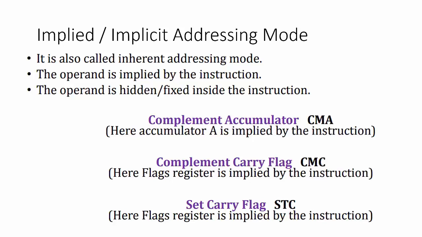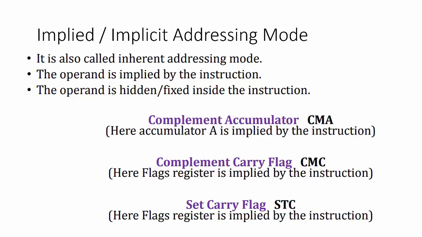Another example of implied addressing mode is CMC, complement carry flag. We have already discussed various kinds of flags. What is done by this instruction? Whatever value is present in the carry flag register will be complemented. It means if the carry flag contains 0, it becomes 1, and if it contains 1, it becomes 0.